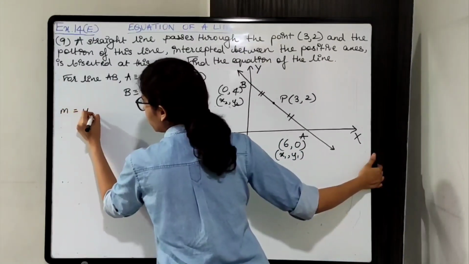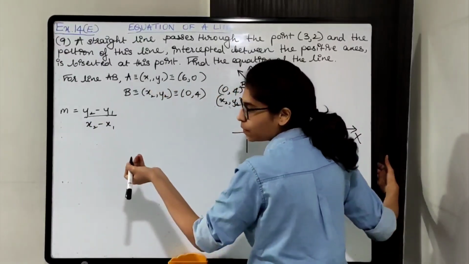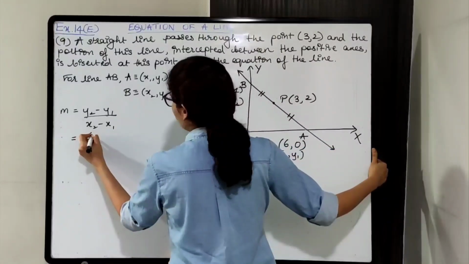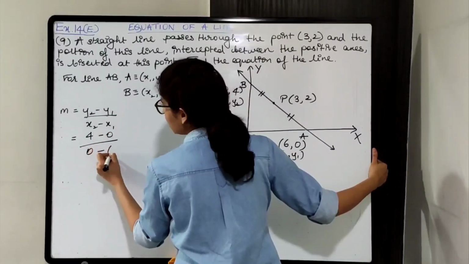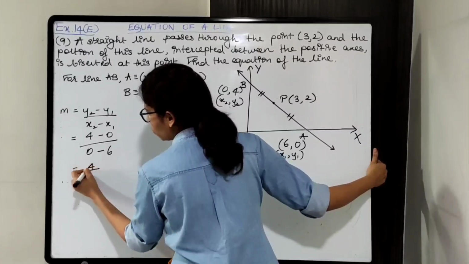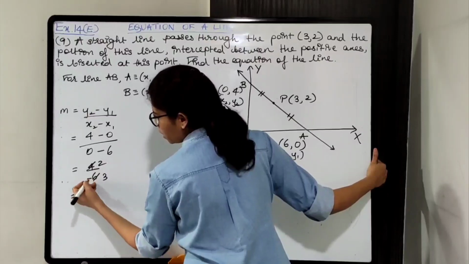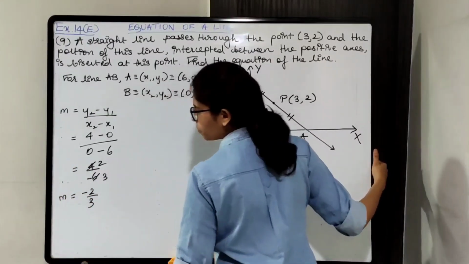It will be y2 minus y1 upon x2 minus x1 or y1 minus y2 upon x1 minus x2. So y2 is 4, y1 is 0, x2 is 0 and x1 is 6. 4 minus 0 is 4, 0 minus 6 is minus 6. 2 2s are 2, 3 2s are 6. Minus sign will bring in numerator. So minus 2 upon 3 is the slope.